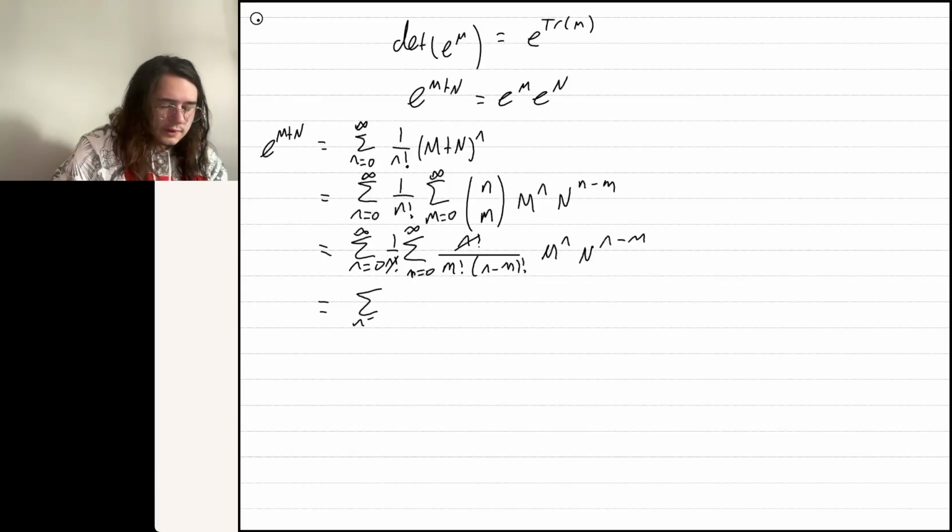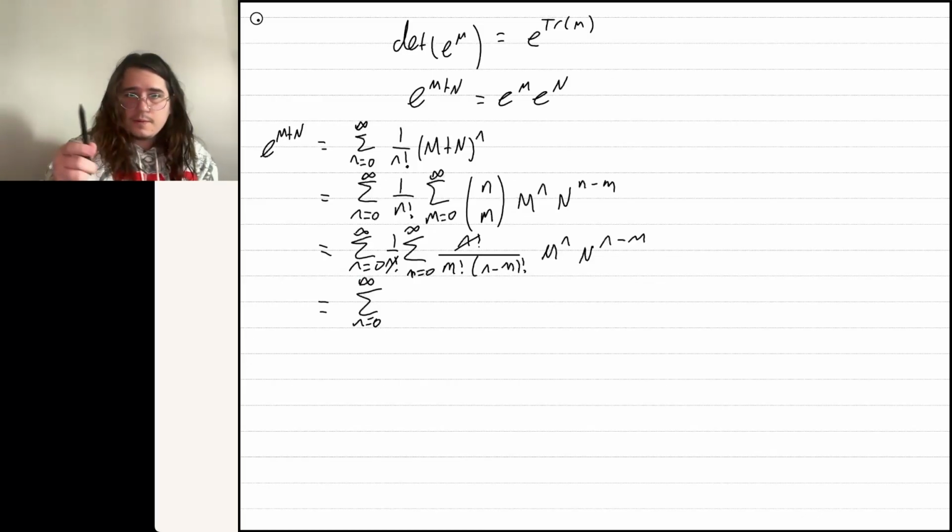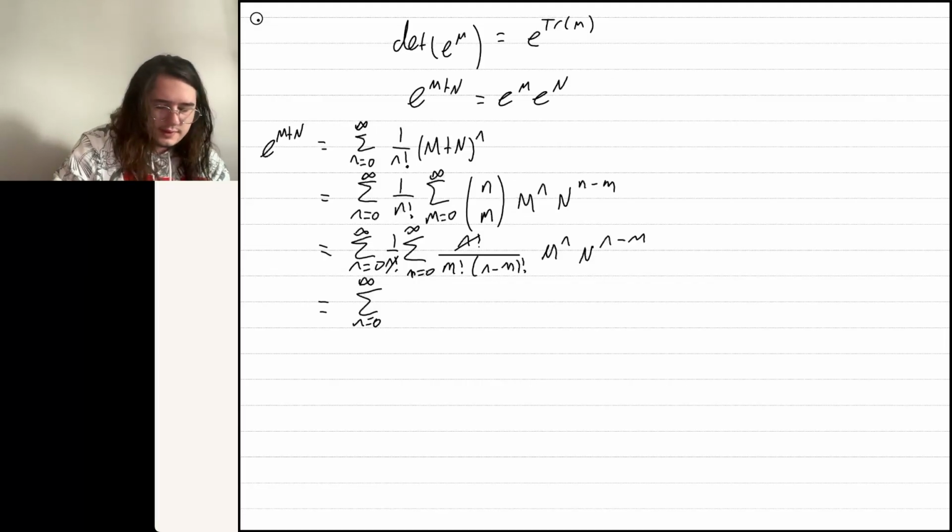So we have a couple of sums, and also, might I just say that the sum over m is not actually infinite. It only goes to n, whatever level of n that you're on. That's how far m goes.